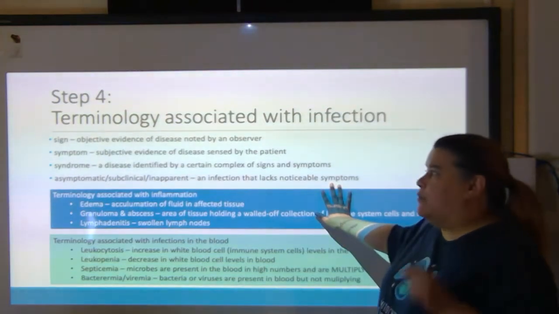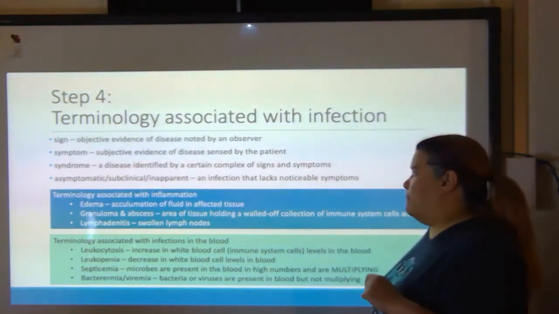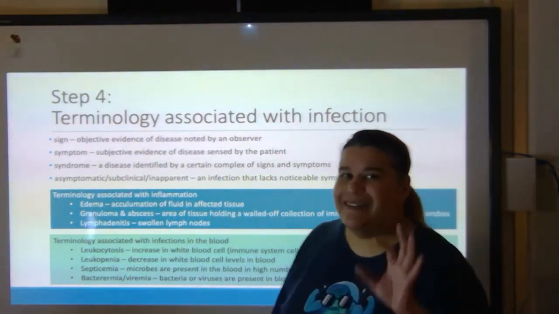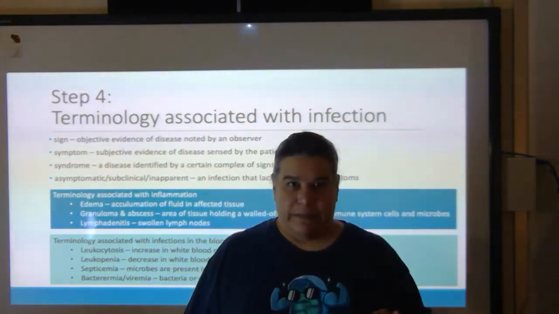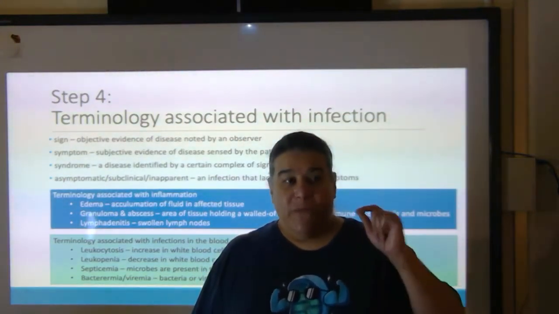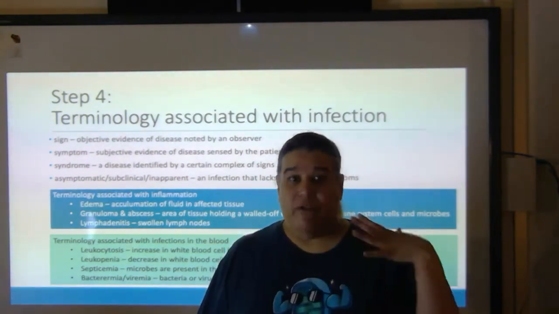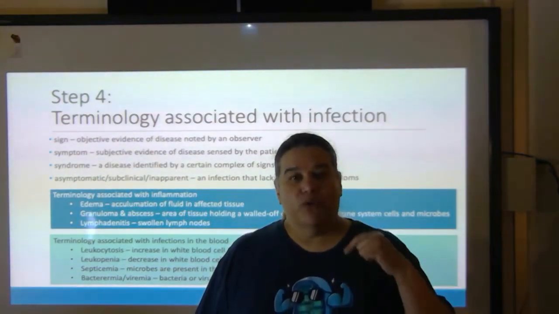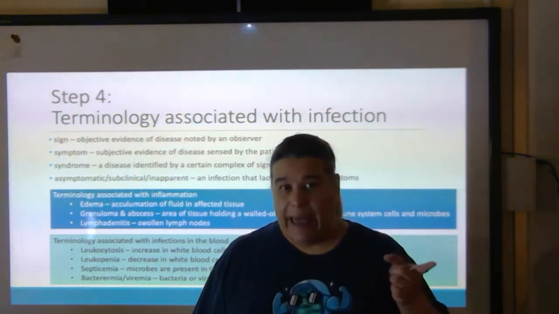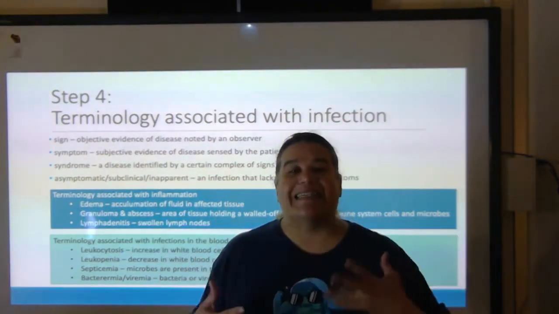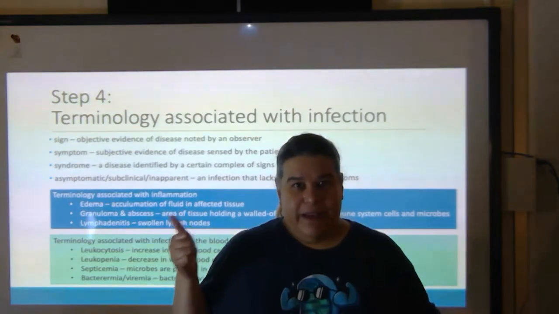Asymptomatic, subclinical, or inapparent: an infection that lacks noticeable symptoms. You have an infection. There are bacteria or virus, whatever, in your body, but you don't show it at all. You don't feel bad. People can't see it. A good example of this is Typhoid Mary.